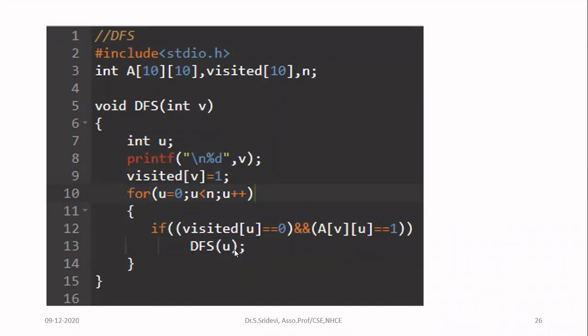Now you call with U. And this will be again coming back to this DFS, but now instead of V, you will have node U. Then you will print that node U, you will make that as visited, then you will check the neighbors of that particular node. So this process will be continued, and once you finish all the nodes in your graph and the stack, it will be terminated. So this is how the DFS function is going to work.